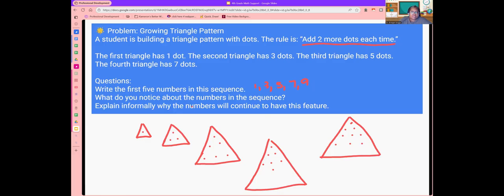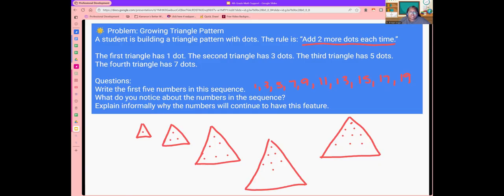So, explain informally why the numbers will continue to have this feature. Well, if we were to continue, so 11, 13, 15, 17, 19, this can go on and on forever. But because we are only adding 2 each time, we're always going to land on an odd number.